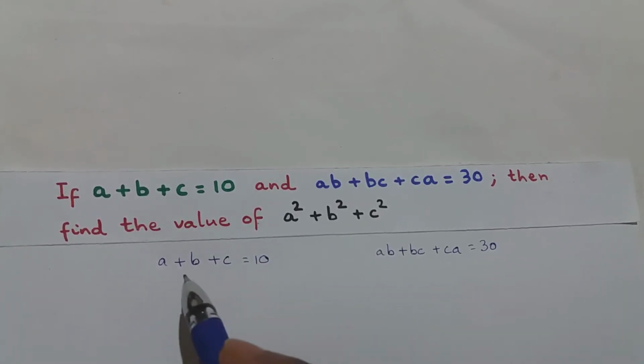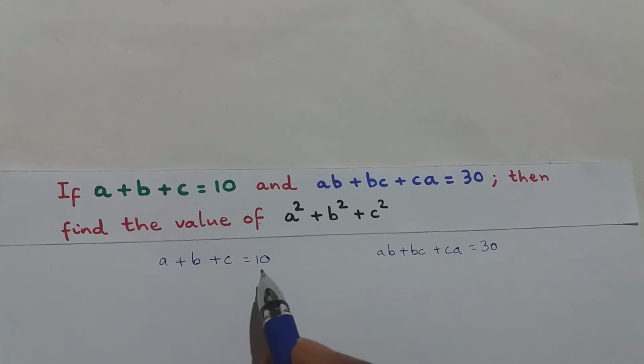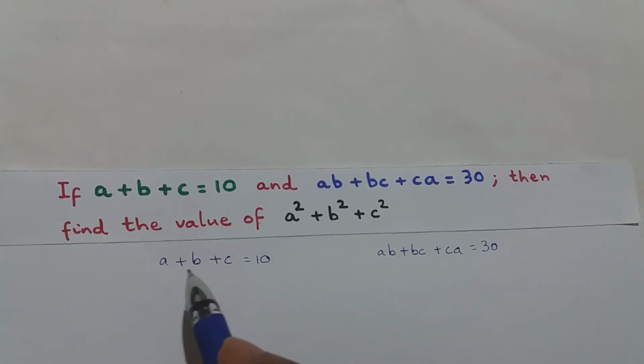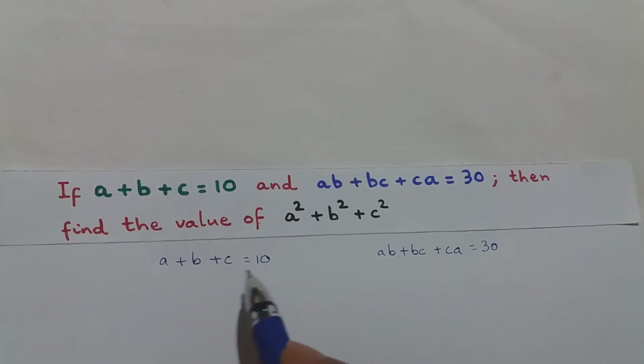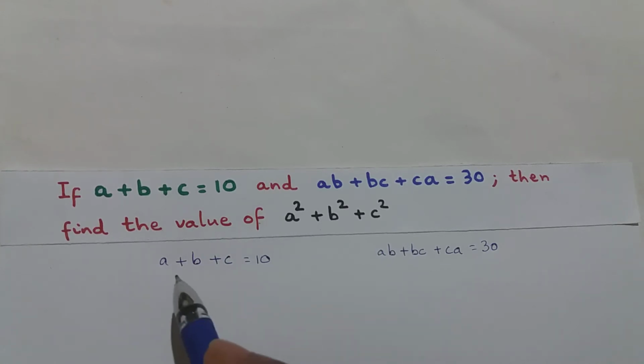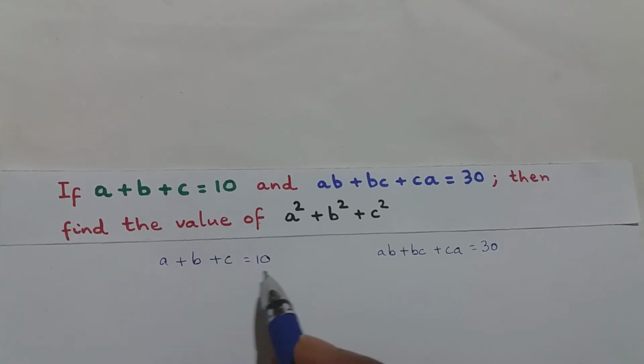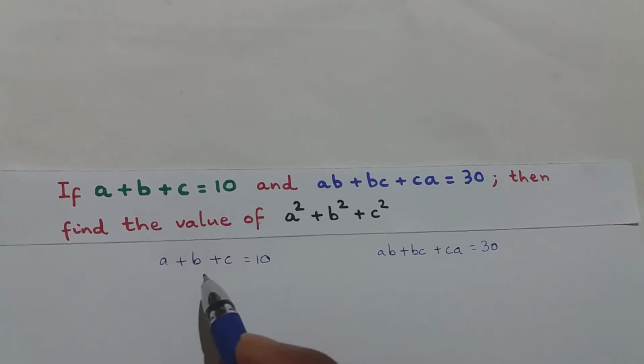Now let us look into this information. A plus B plus C is equal to 10. Now what I will do is, I will square this given equation.